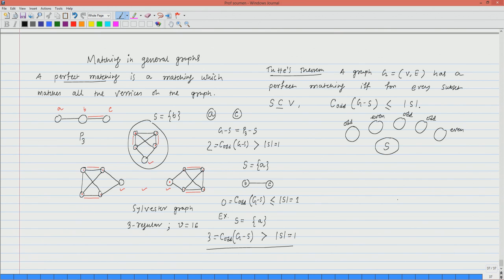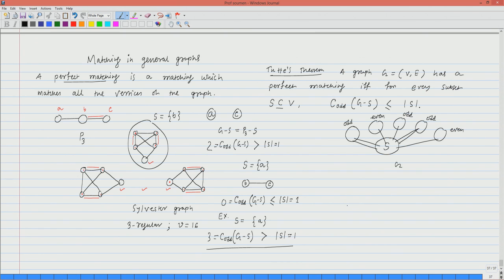Okay. Now, if I look at the whole complete graph G, then the edges are there. There could be one edge, more than one edges, anything. This is the complete graph, not G minus S. This is the graph G. And once I remove this S from G, you will be left with these components.